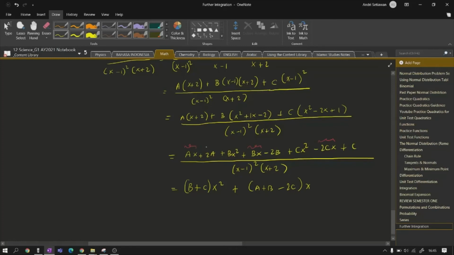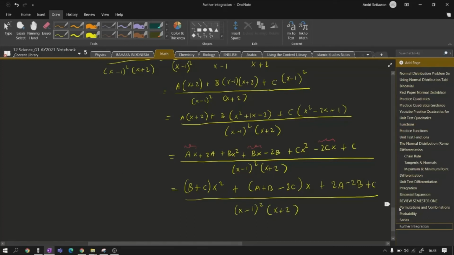And for the constant it is 2a minus 2b plus c. The constant is the term without variable x: 2a followed by minus 2b and plus c, over (x − 1)²(x + 2).